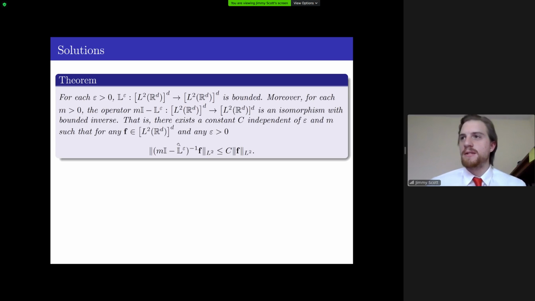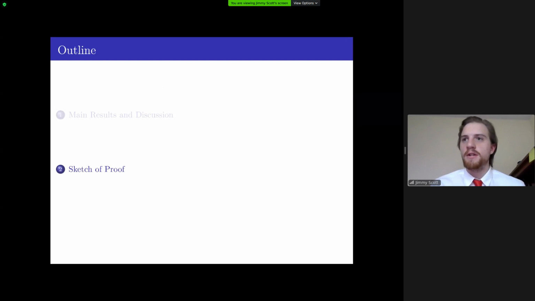So there exists some constant such that the resolvent operator, the data-solution map acting on the data, is bounded by the L2 norm of the data. Okay, so both the resolvent for the limiting equation and the resolvent for the equation m minus L epsilon are well defined. And because this is really an analytic result, I'll just sketch the proof.